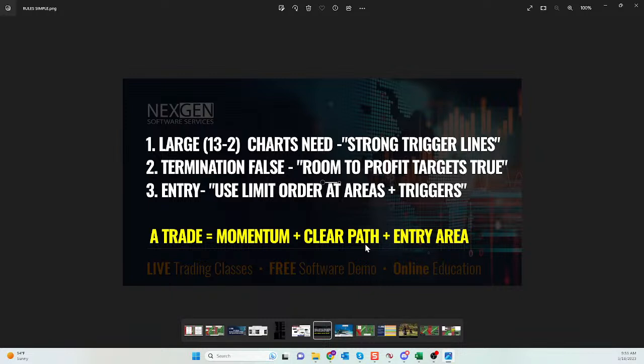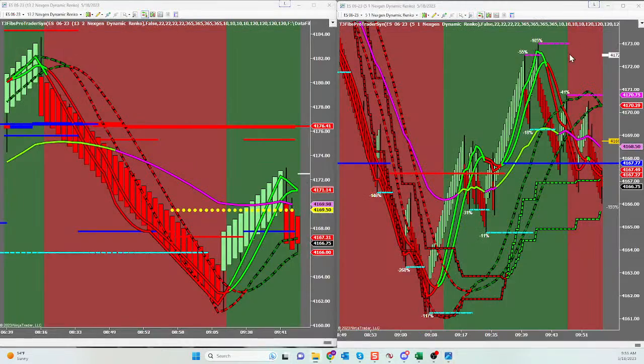Rule number 2 gives me the advantage of a clear path. It has 0 reference to bears and bulls. And rule number 3 gives me an area inside of favorable large triggers. It doesn't say up or down, right? It says that when I have momentum, a clear path, and an entry area, I have advantages in place that typically win more than they lose. So I don't care if this goes up. I don't care if it goes down. What I care is that I have those advantages.